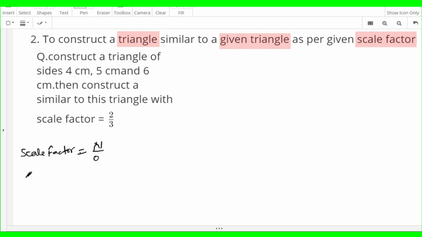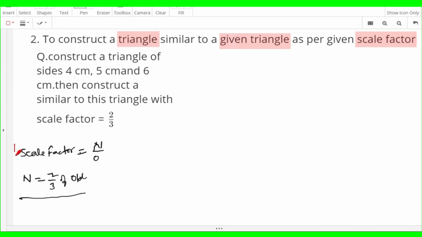Here in the question the scale factor is 2/3, which means the new side will be equal to 2/3 of the old side. The new sides of the triangle will become 2/3 of the original triangle's sides. So this is called scale factor. I hope you understood.